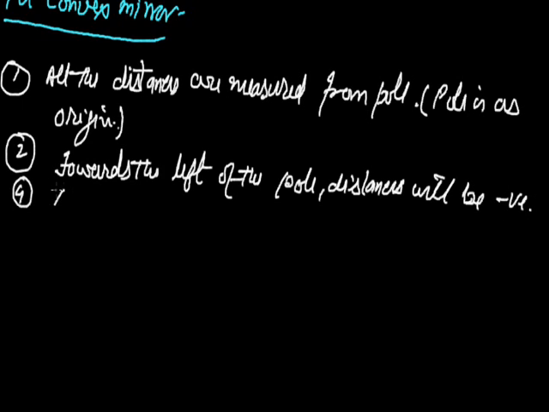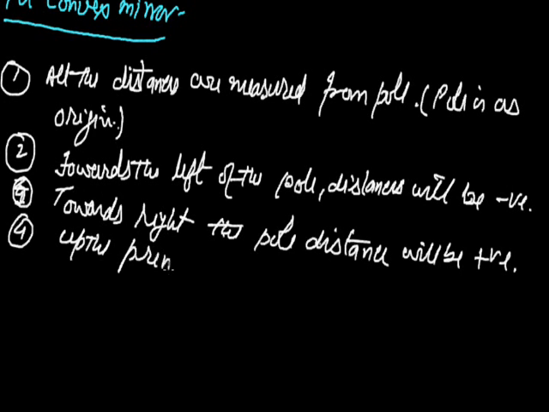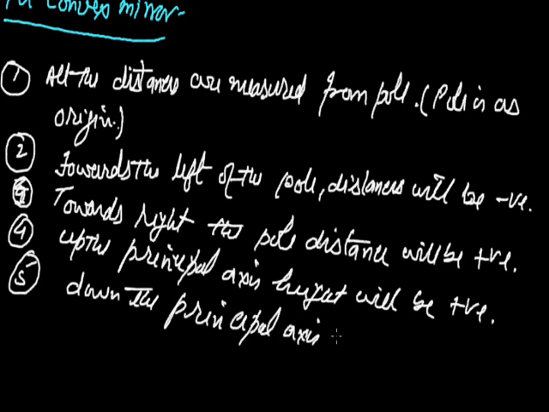Towards the right of the pole, and down the principal axis, height will be negative.